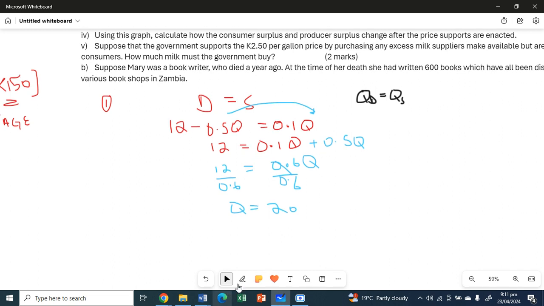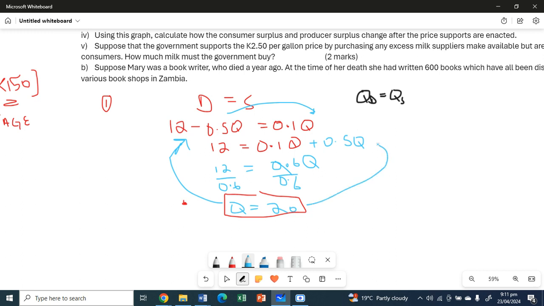When you find the equilibrium quantity, next you can get the equilibrium price. In order to get the equilibrium price, this Q equals 20, you can either substitute it into the demand equation, or into the supply equation, whichever. In this case, I'll work with the easier one, the supply equation.